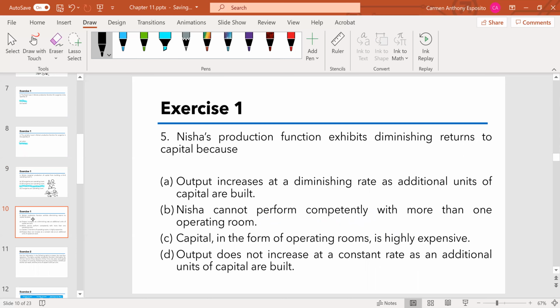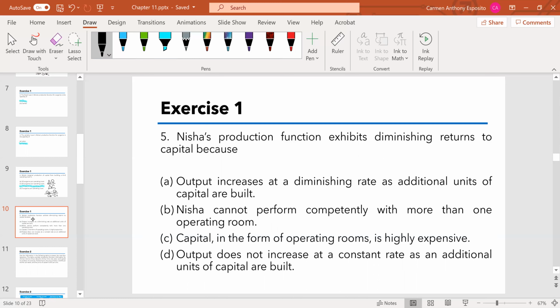Nisha's production function exhibits diminishing returns to capital because, is it A, output increases at a diminishing rate as additional units of capital are built? Is it B, Nisha cannot perform competently with more than one operating room? C, capital in the form of operating rooms is highly expensive. Or D, output does not increase at a constant rate as additional units of capital are built.